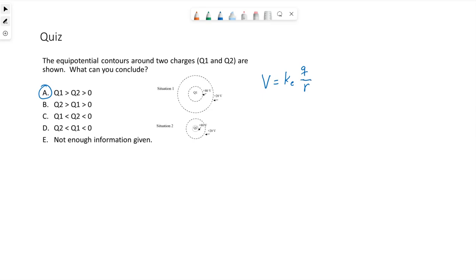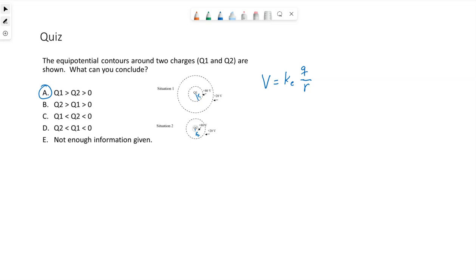So in the top situation, from Q out to the point where we have 80 volts, R is bigger than the R in the bottom situation where we go from the charge out to the 80 volts.